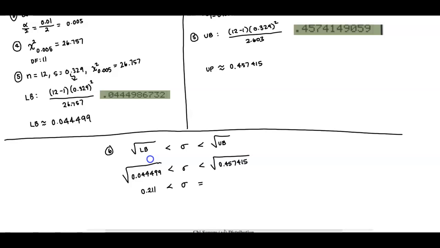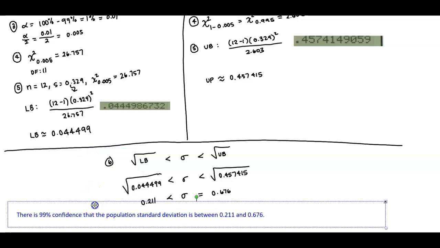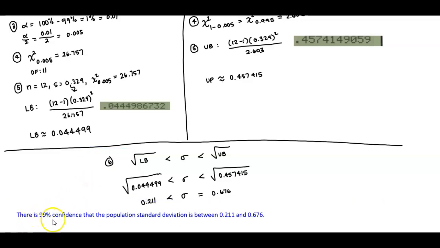And when we take the square root of 0.457415 and round to 3 decimal places, we get 0.676. So therefore, we're going to say that there is 99% confidence that the population's standard deviation is between 0.211 and 0.676.